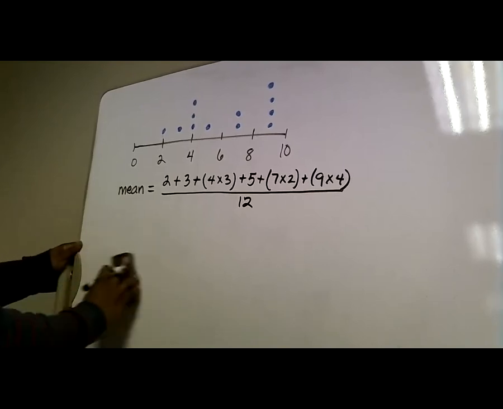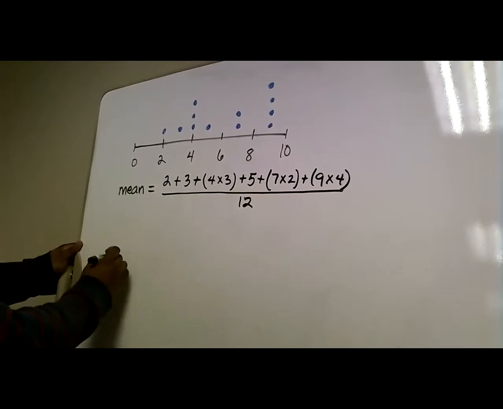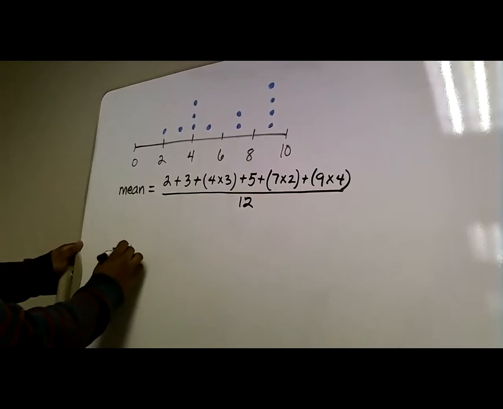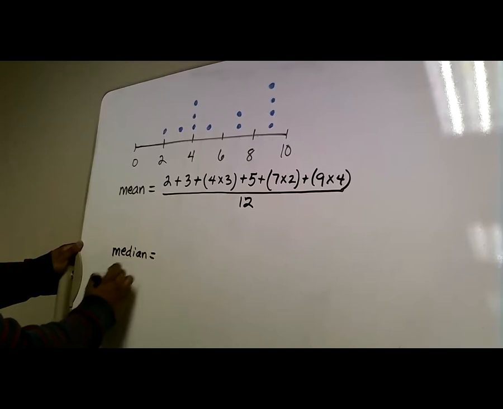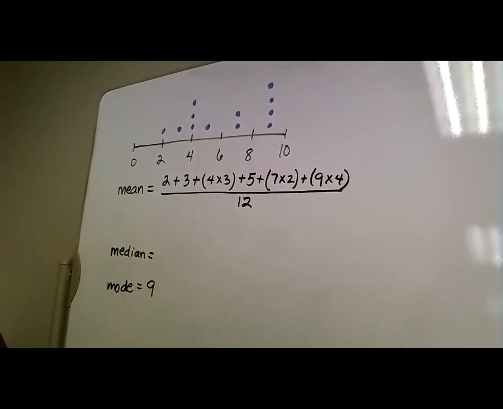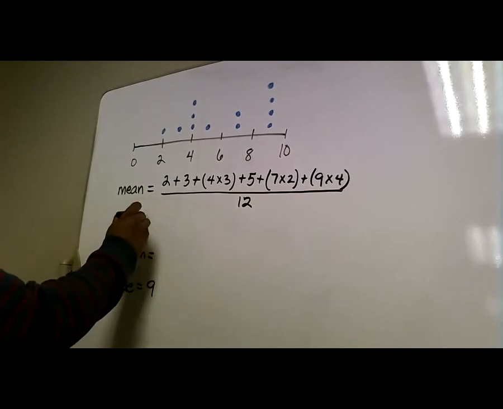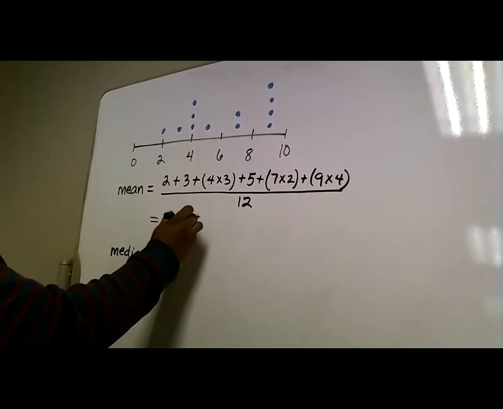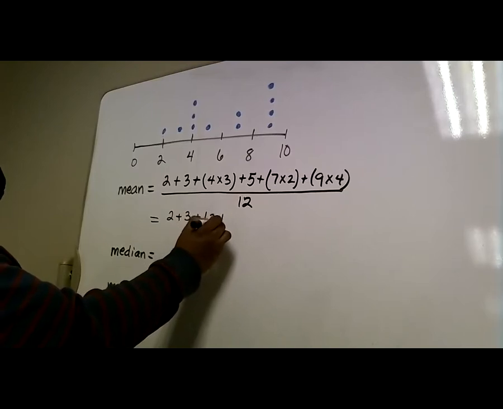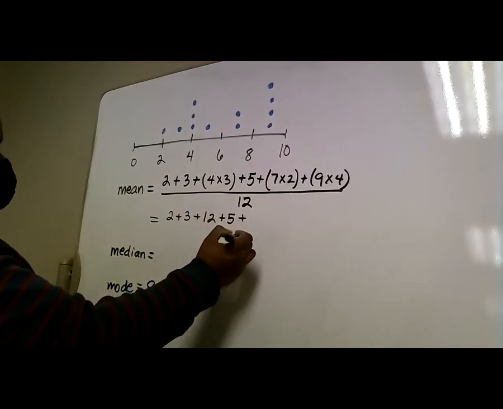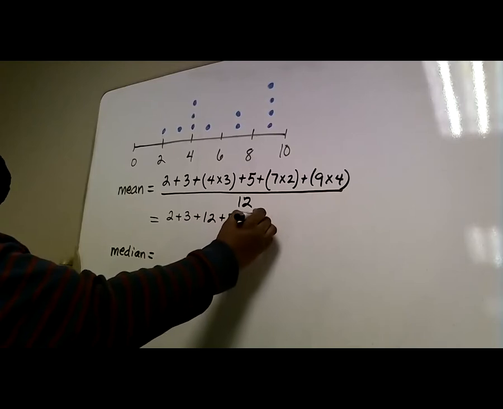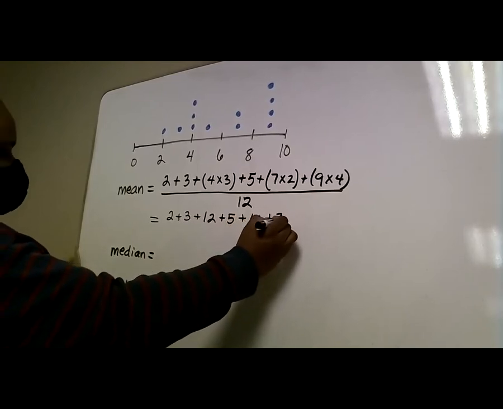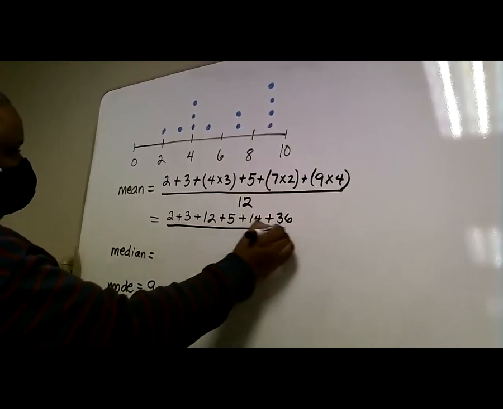Okay. And here we'll need some room for this. And we already said the mode was 9. Okay. So let's just simplify what's on top, the numerator. Let's see, 2 plus 3, and then 4 times 3, that's 12, plus 5, plus 7 times 2, that's 14, plus 9 times 4, that's 36.